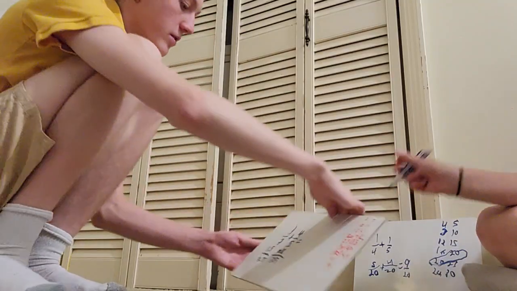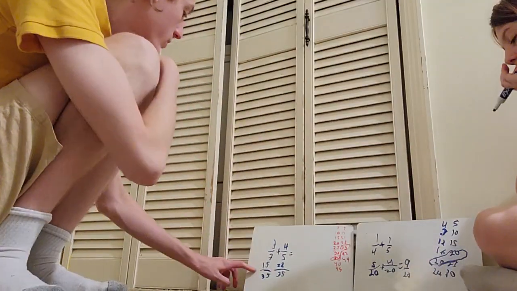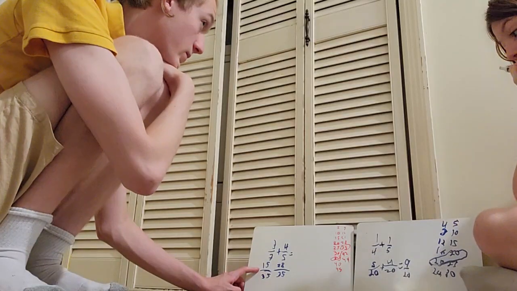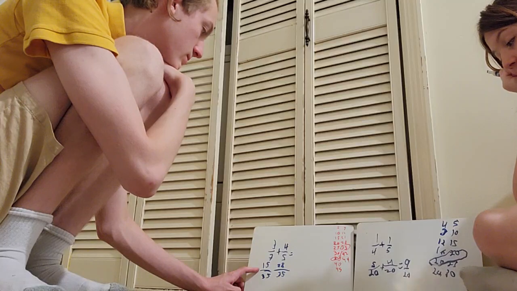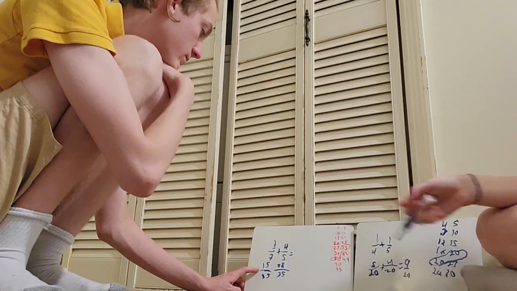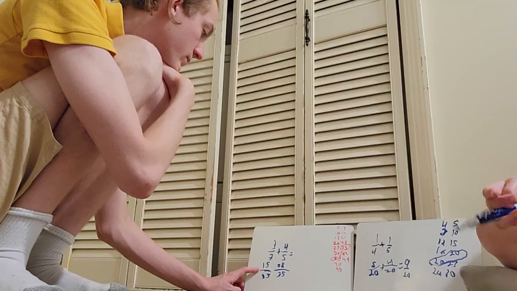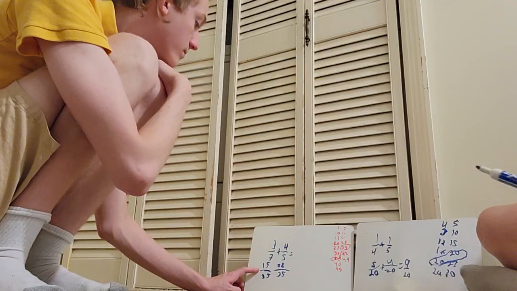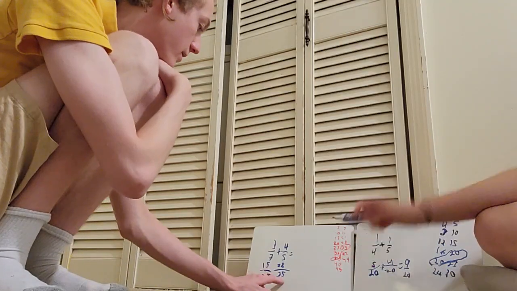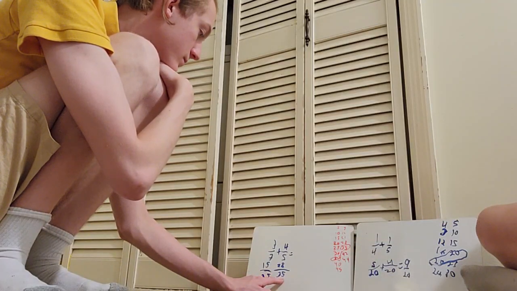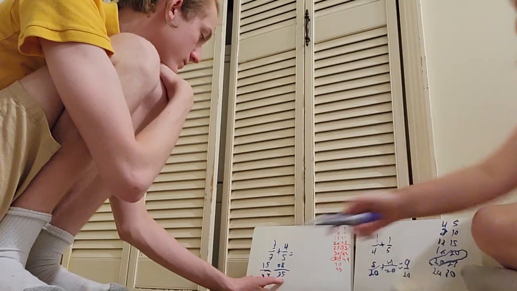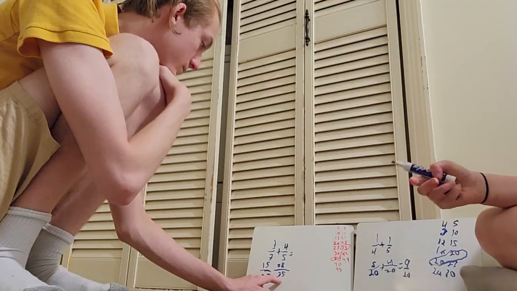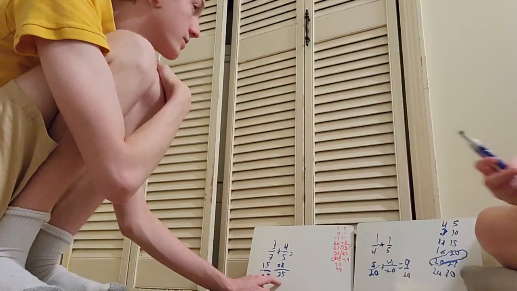Okay, so where did you get this 15 from? It took 5 times 7 to get to 35. So I had to multiply that, and then for that one, it took 7. So I multiplied this 4 up here by 7, and it got 28. That's exactly right.